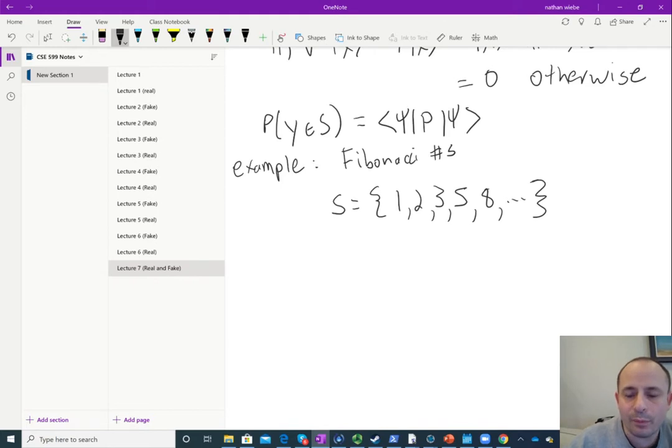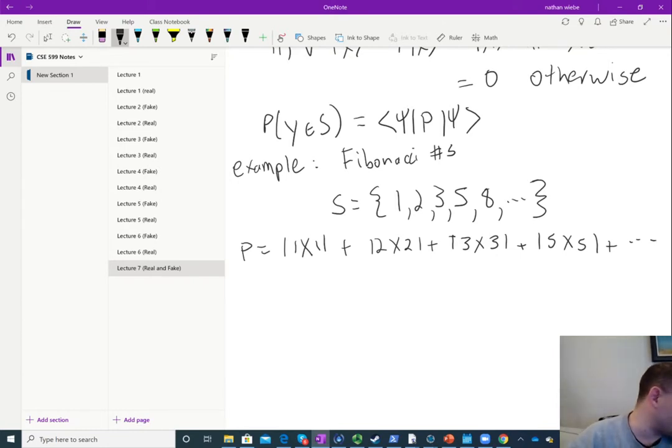Now, the matrix P in Dirac notation can be written in the following form. It can be written as |1><1| plus |2><2| plus |3><3| plus |5><5| plus so on and so forth, going all the way through.